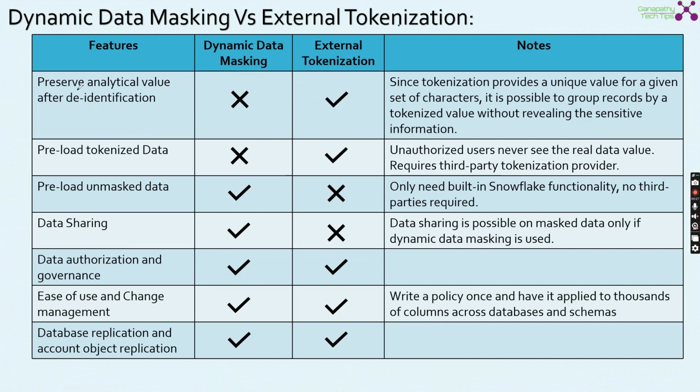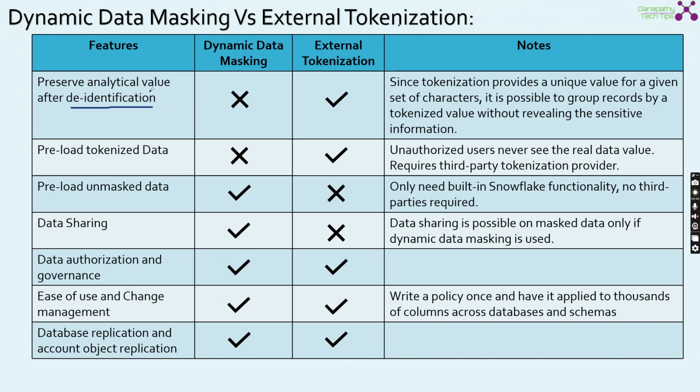If you want to preserve the analytical value after de-identification, I hope you understand the statement very clearly. Why? Because in the email example we saw, there is only a slight difference, but you are able to see the complete data there, meaning s456@abc.com.